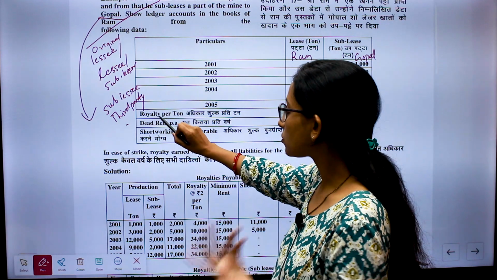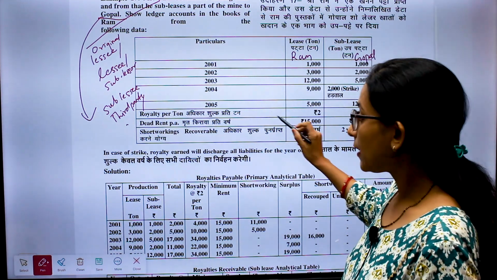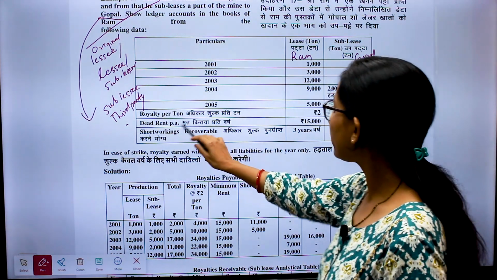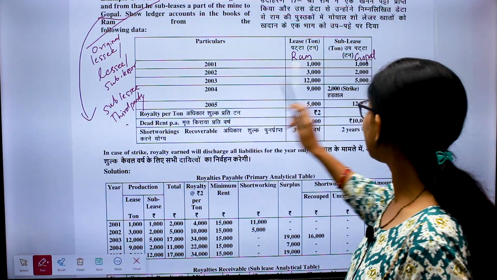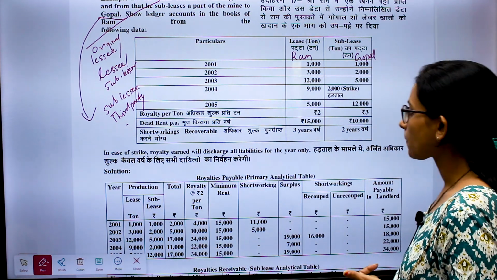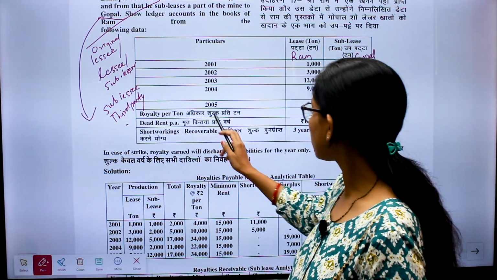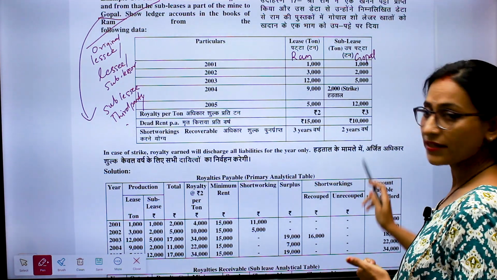Then we have been given the royalty per ton: 2 per ton for Ram, and 3 per ton in the sublease. Minimum rent per annum is 15,000 for Ram and 10,000 for the sublease. Short working recoverable is 3 years for Ram, and 2 years for Gopal.